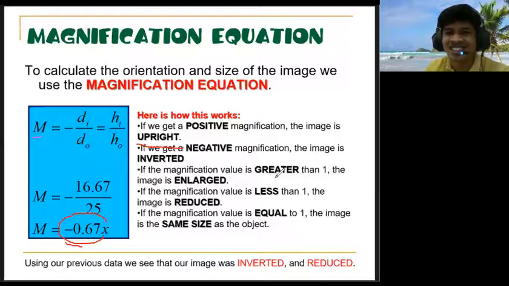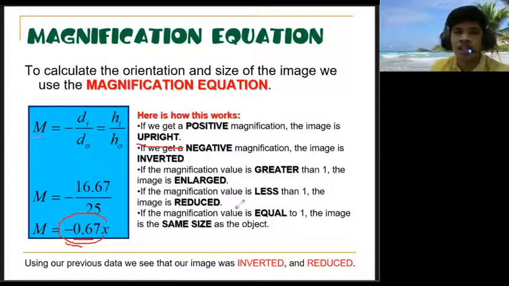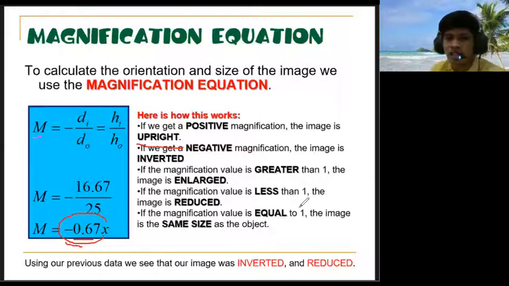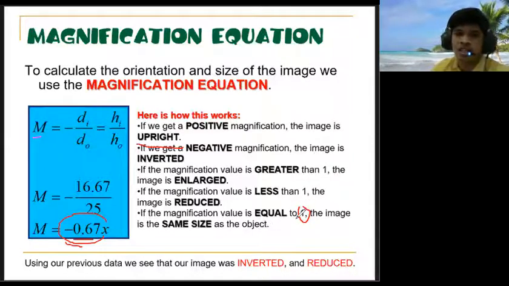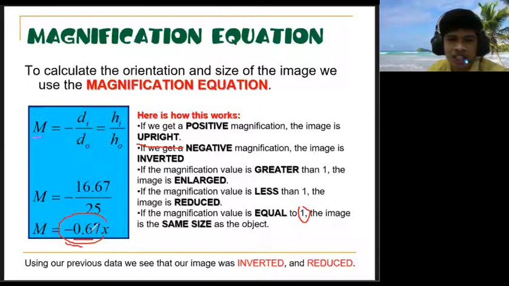If the magnification value is less than 1, the image is reduced. For example, 0.67 times is less than 1, therefore the image is reduced. And if the magnification value is equal to 1, it means that the image is the same size as the object. So using this value, we can say that the image is inverted and reduced.